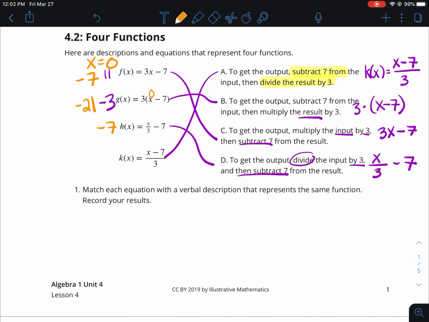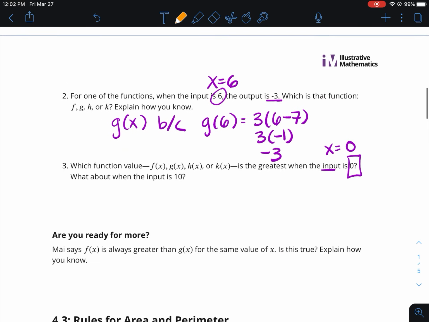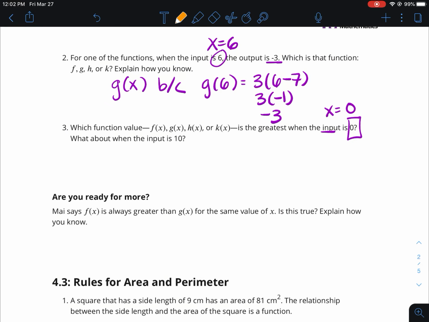Here, 0 minus 7, -7/3. So which one is greatest would probably be K, because K of 0 is -7/3, which is the closest to 0.